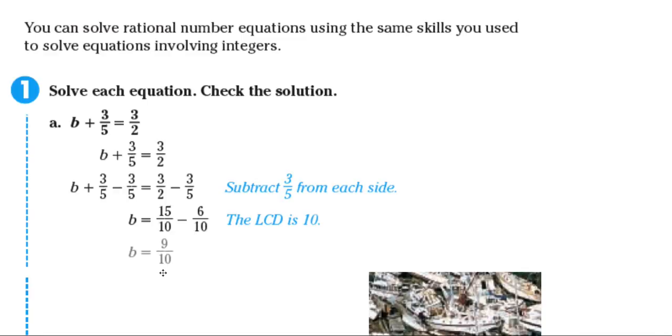And b equals 9 over 10, because now you have like fractions. You simply subtract 6 from 15 and keep the denominator.